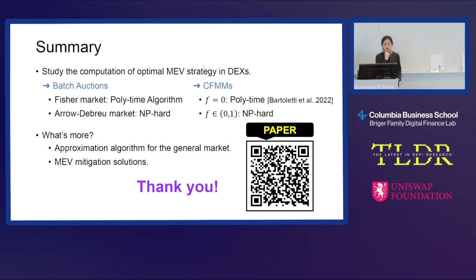Okay, to summarize, in this talk we discussed the optimal MEV in batch auctions, and we show the polynomial time algorithm for the Fisher market and NP-hardness for the general market.